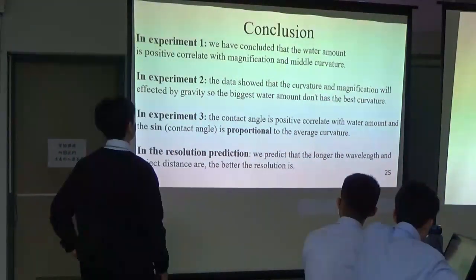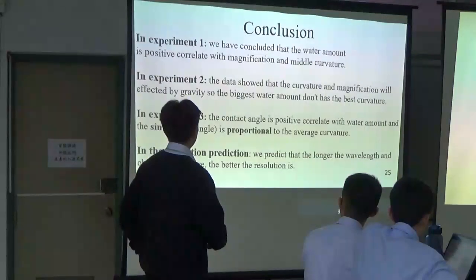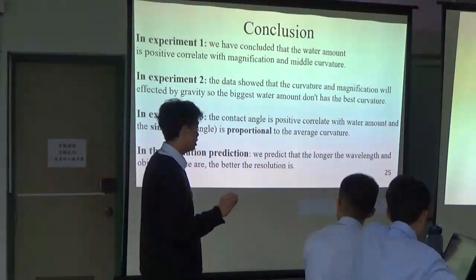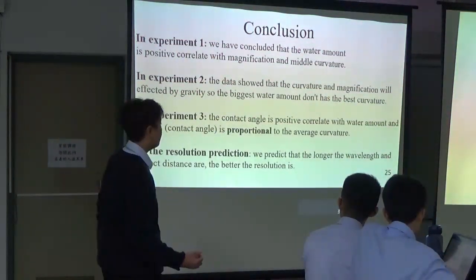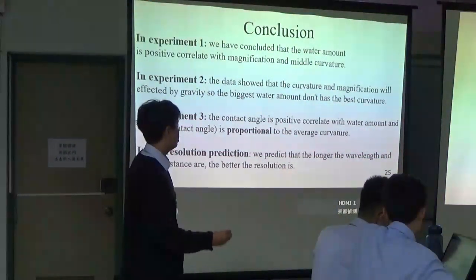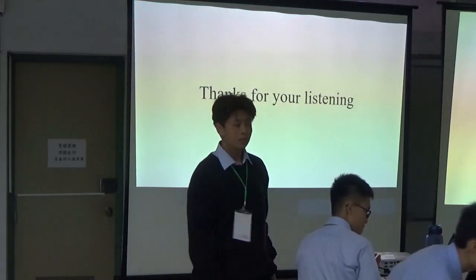As for experiment 3, the contact angle is positively correlated with the water amount, and the sine of the contact angle is proportional to the average curvature. In the resolution prediction, we concluded that the longer the wavelength and the object distance are, the better the resolution is. And here's my report. Thank you for listening.